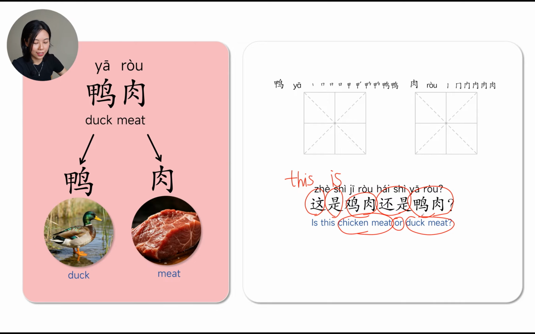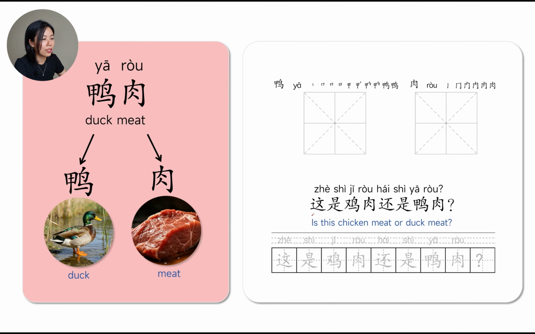So the whole sentence, 这是鸡肉还是鸭肉？This is chicken meat or duck meat.